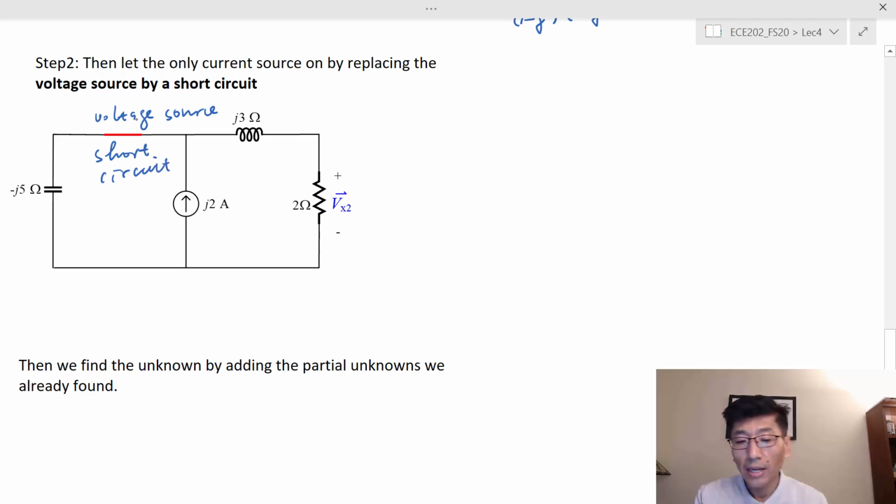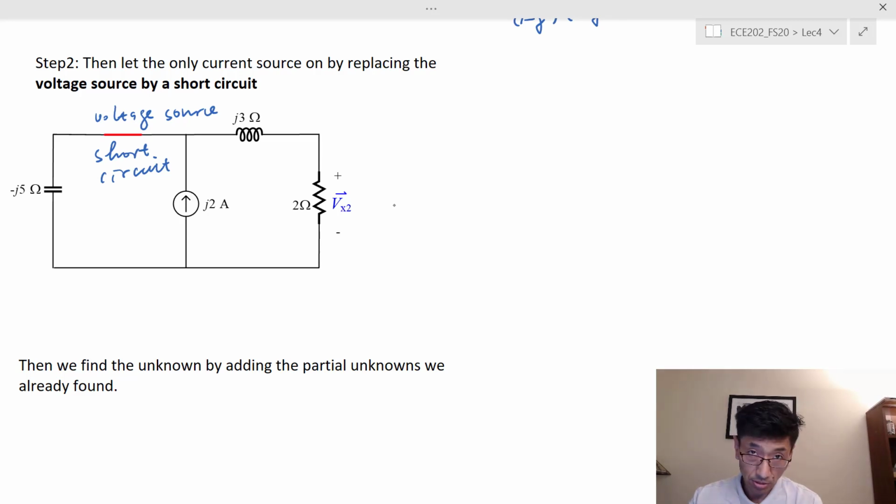I use a red line to indicate there was something there, right? That's the voltage source. Now I have the current source here. So in this case, there are different ways we can find Vx2, right? We can find it in 2 different ways.